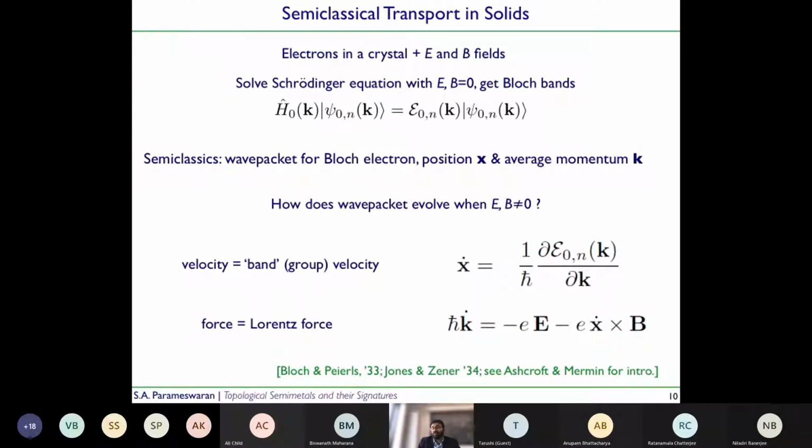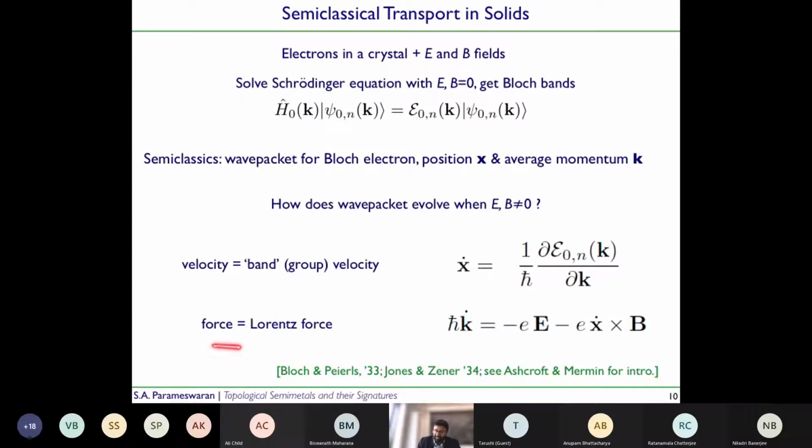If I started out with free particle dispersion p squared over 2m, this just gives me the familiar fact that the velocity is p over m. But I'm doing something a little bit more rich because I'm allowing it to have additional features. For instance, incorporating this detail allows me to distinguish between electrons and holes in solids.